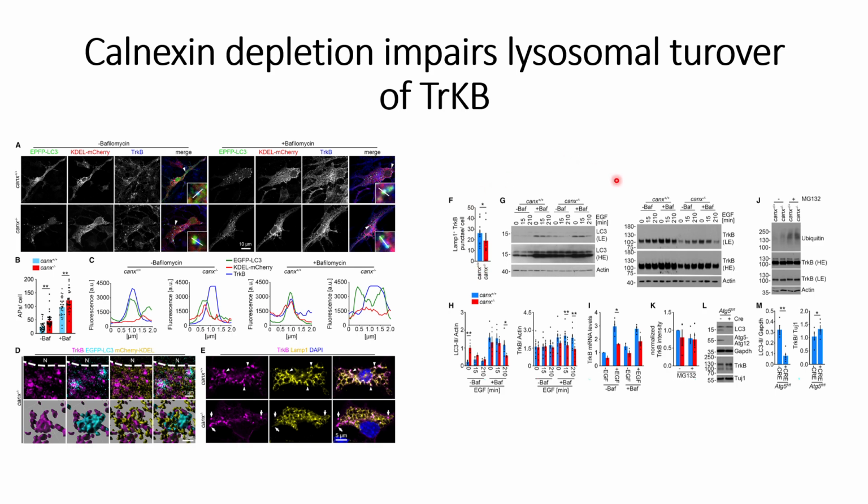And when they check LC3 at different times along with EGF treatment, they can see that the amount of LC3 goes down with time of EGF treatment, in the wild type cells and also in the negative cells.